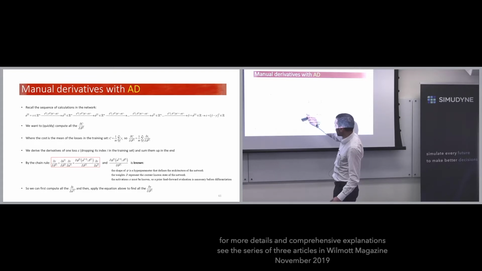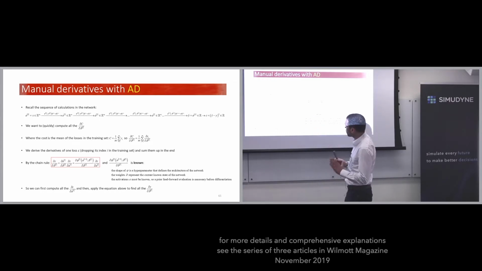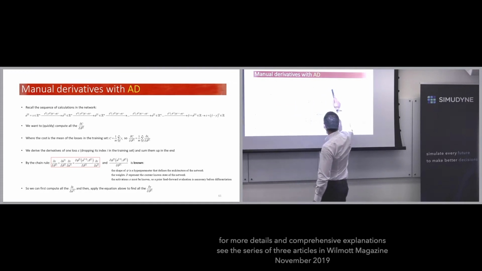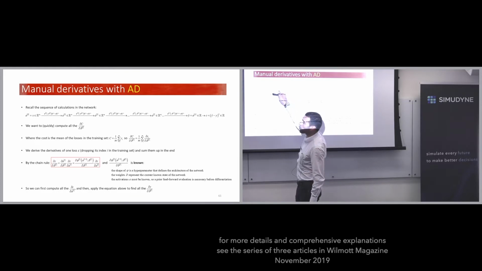So to find A L is phi L of A L minus 1 and theta L, the parameters. We know the shape of phi. We have decided it once and for all. We know the current values of the parameters. And we know A L minus 1 because here we will assume something that's important for AD, that before differentiating anything, we made all these predictions, we performed the feed-forward calculation, and we stored all the intermediate results.